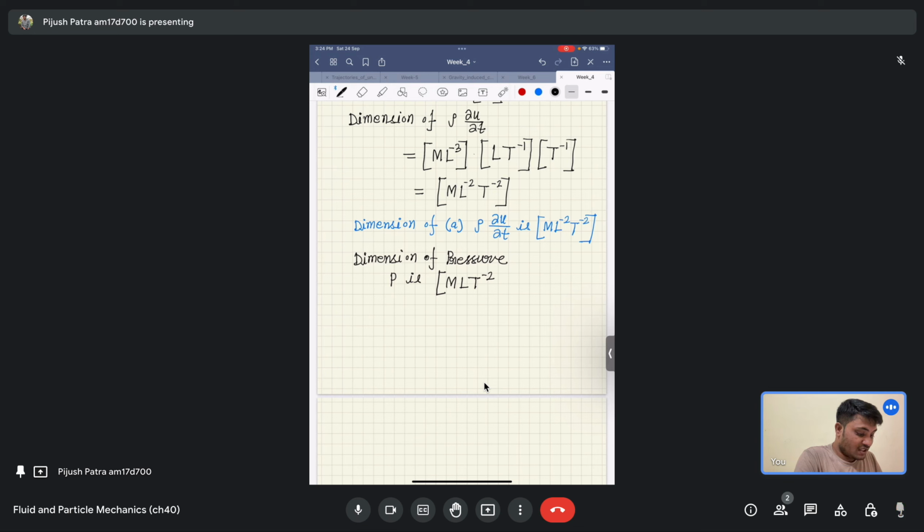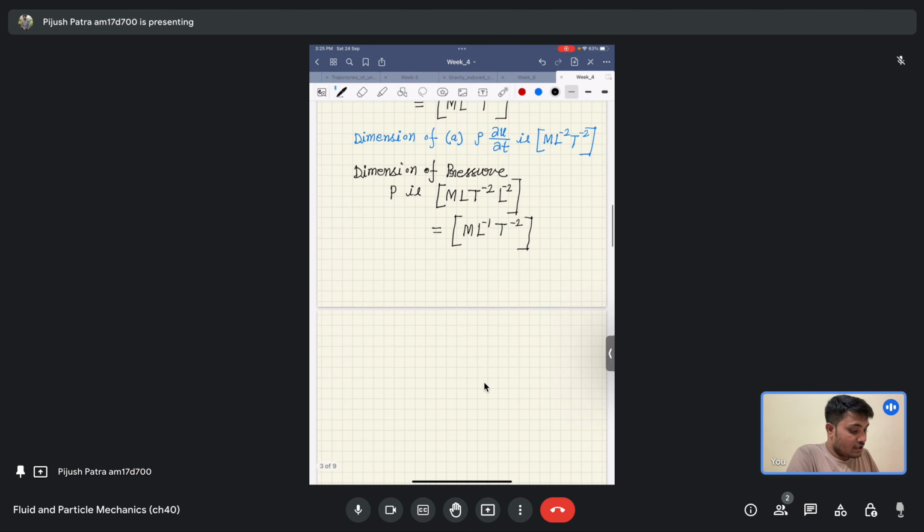Mass times acceleration is the force, divided by meter square, which is L to the power minus 2. So what it's coming to is M L to the power minus 1 t to the power minus 2. Am I right? So what is the dimension of dou p dou z?